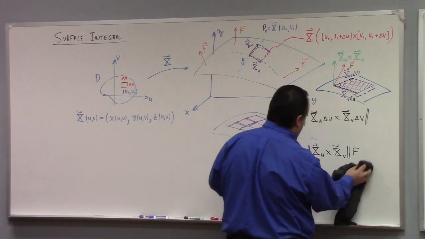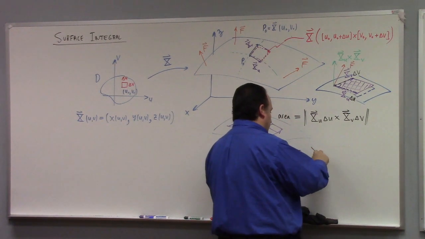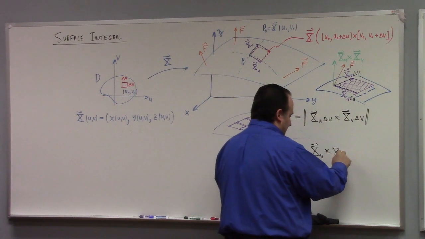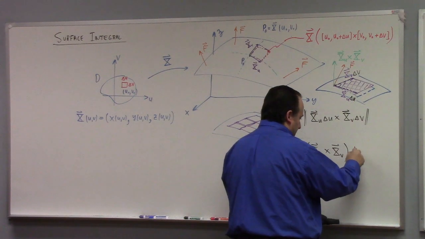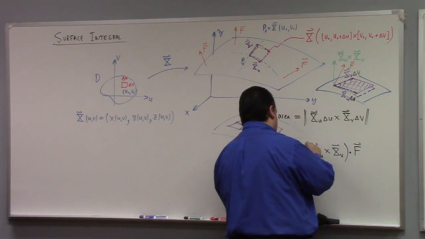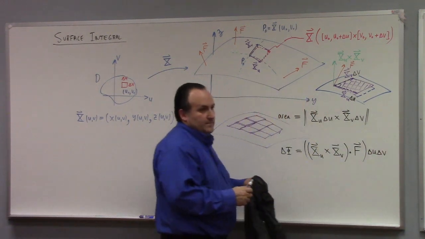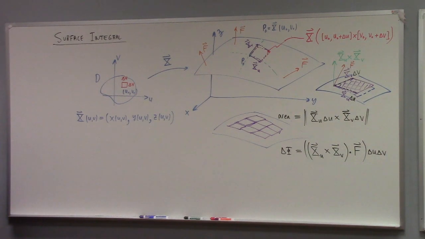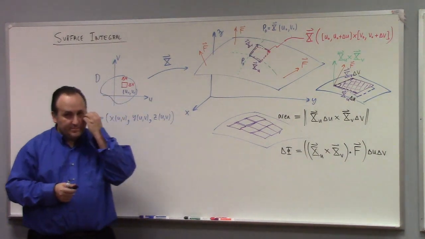So it would be, I really should have given this thing a name like 3 minutes ago, xu cross xv. I keep writing xu cross xv everywhere. So that dotted with the force times delta u delta v, that would be the flux that goes through the approximation to the surface, the little tilted tangent plane thing. Does that make sense? I hope.